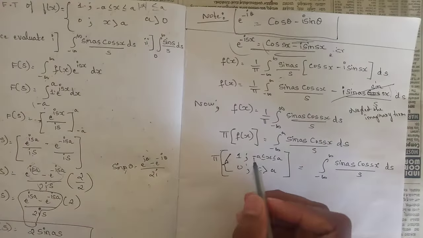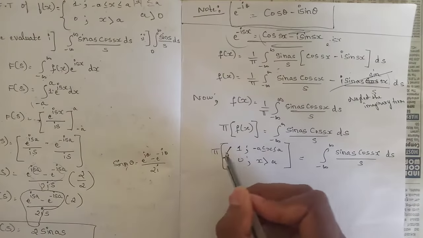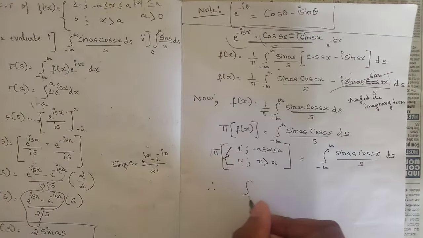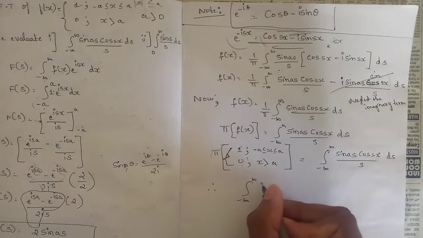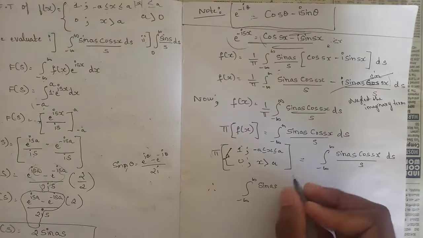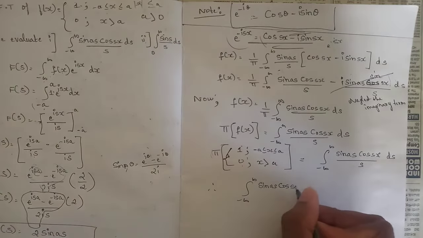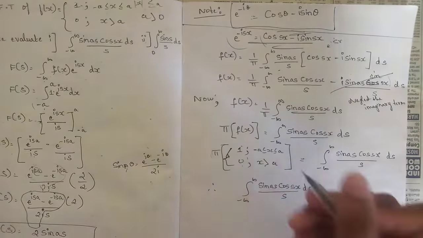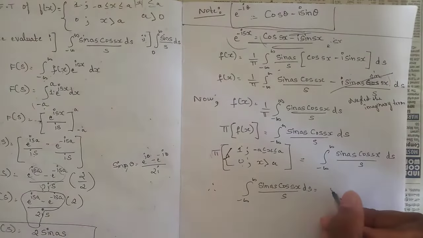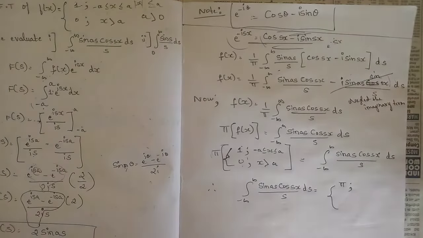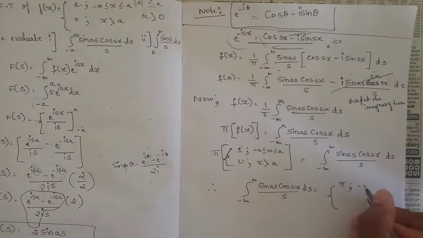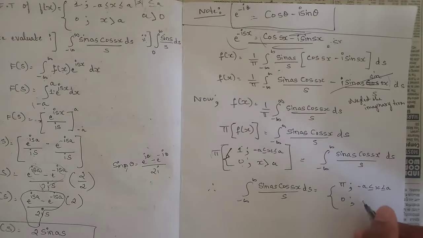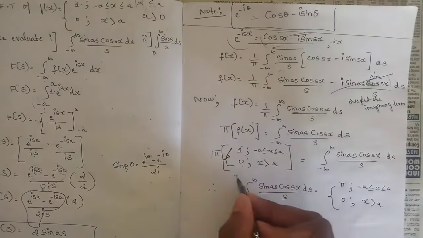So pi into f of x, now multiply this pi with these two terms. The final answer would look like this: the integral of sin as into cos sx by s into ds is equal to, multiplying pi inside, pi when x lies between minus a to a, and 0 when x is greater than a.